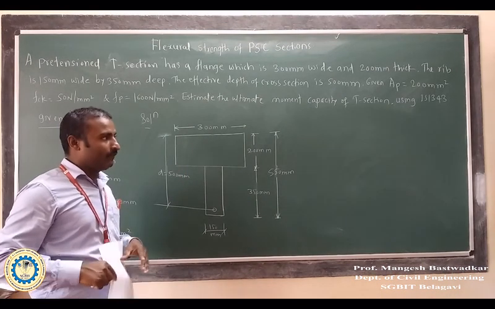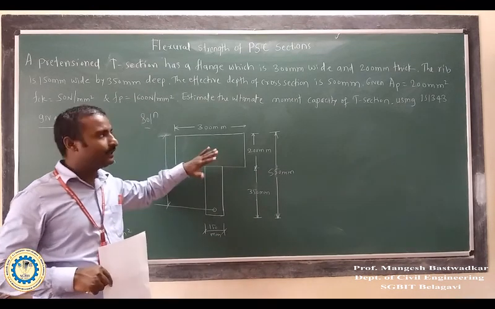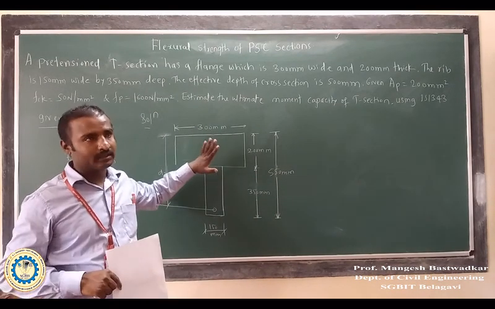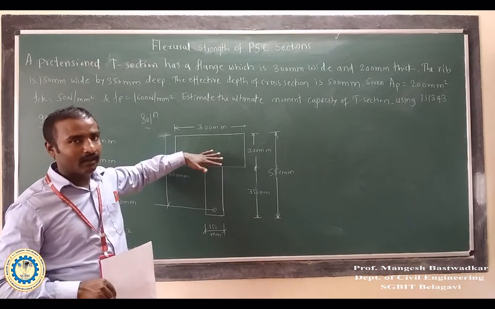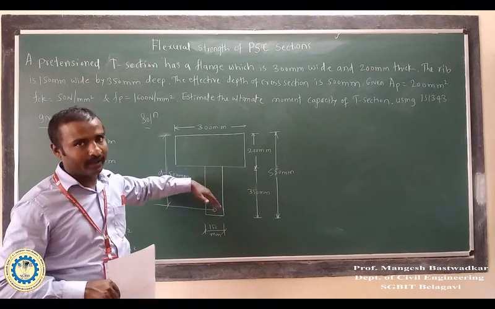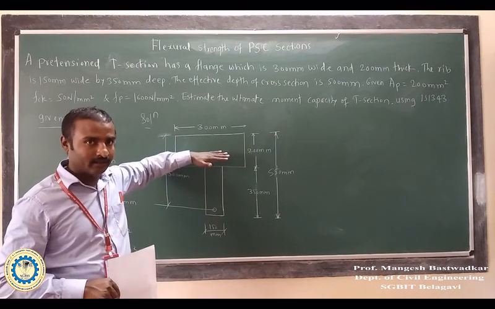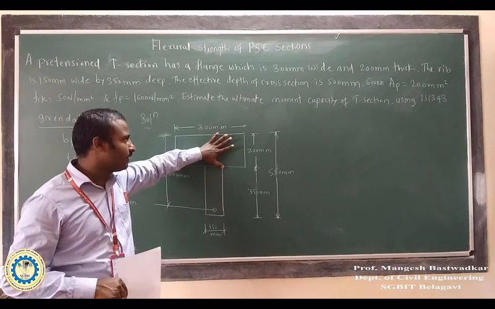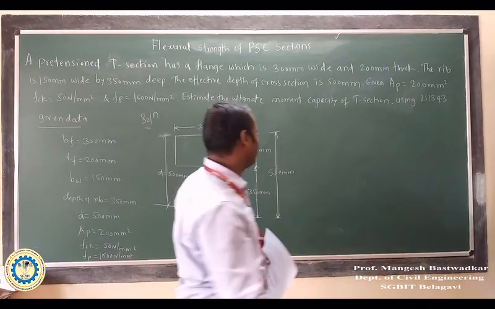So here first we will assume where the neutral axis lies. Two types of problems may be asked: one is neutral axis lies within the flange, and the other is neutral axis lies below the flange. We have to check whether the neutral axis lies within the flange or below the flange.